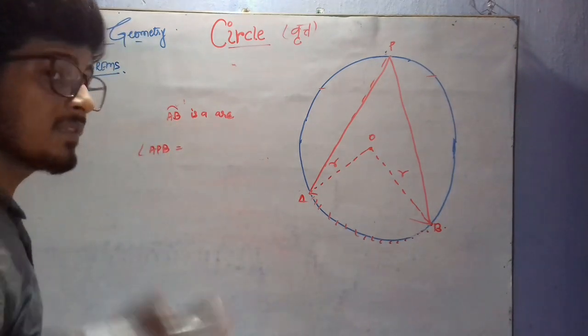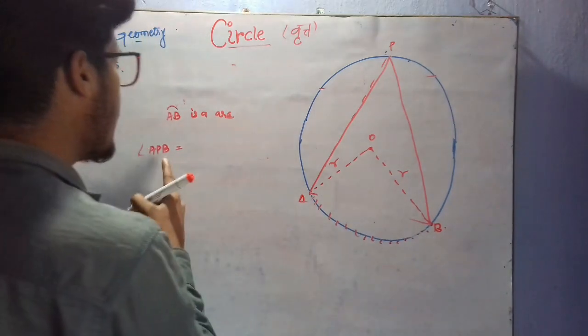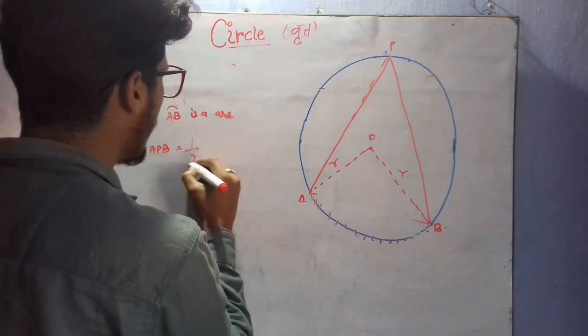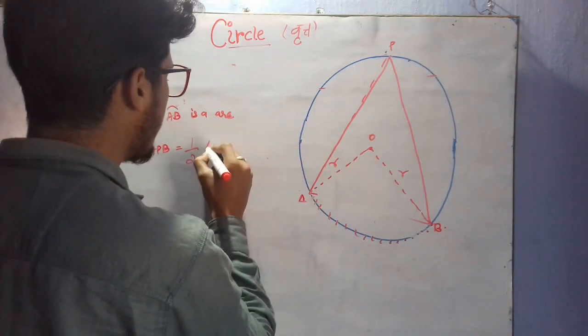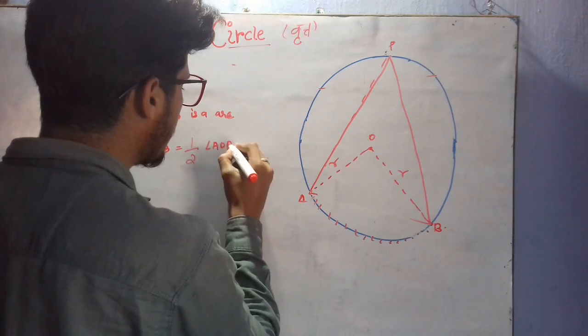So from this theorem we know that angle APB will be half of angle AOB.